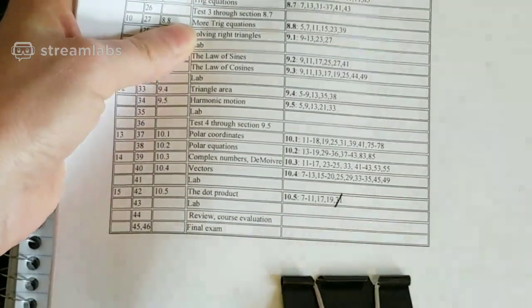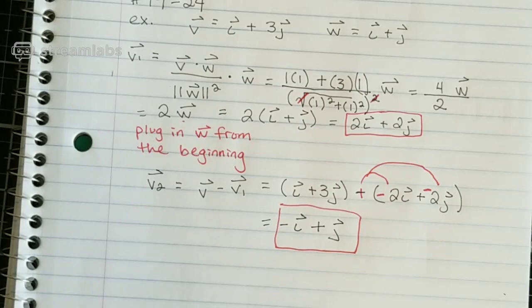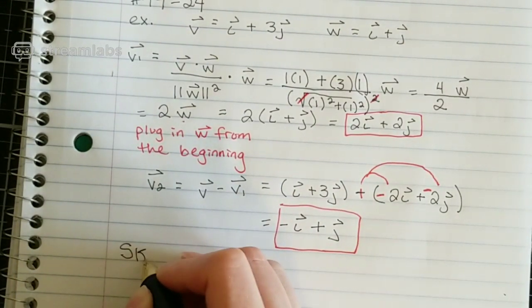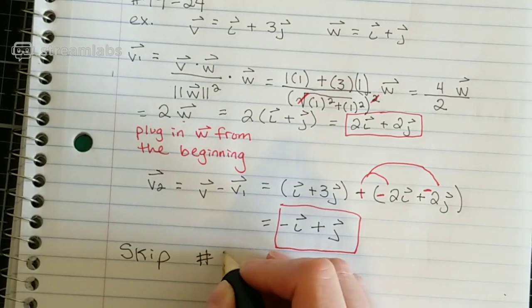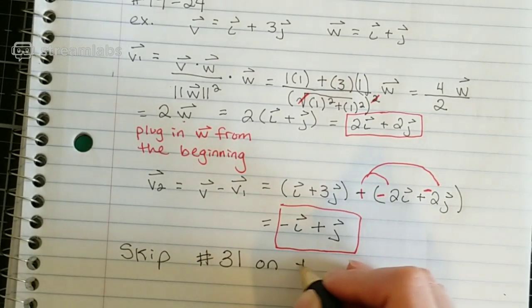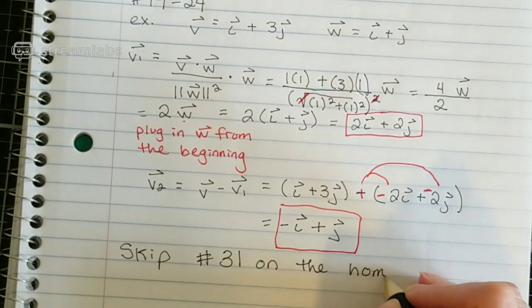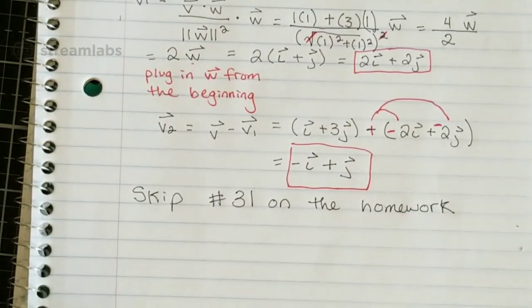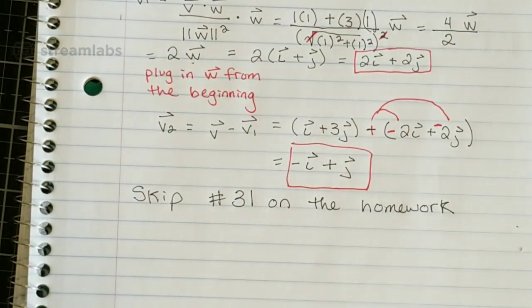I did a similar problem and it took me literally 2 pages front and back of notebook paper. So skip number 31 on the homework. So cross that out. Don't do number 31. That problem is ridiculous and it's not on the final.